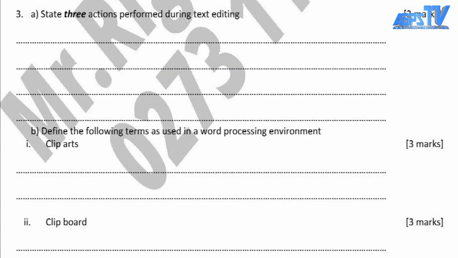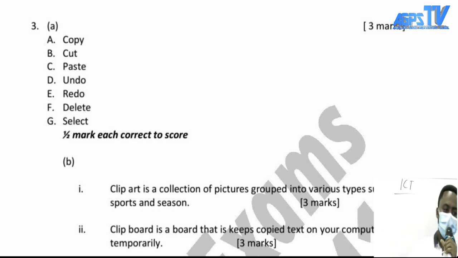Good. So last week we ended on question number 2. So this week question 3 states: state 3 actions performed during text editing. Good. Now the actions performed during text editing we have copy, cut, paste, undo, redo, delete, select.